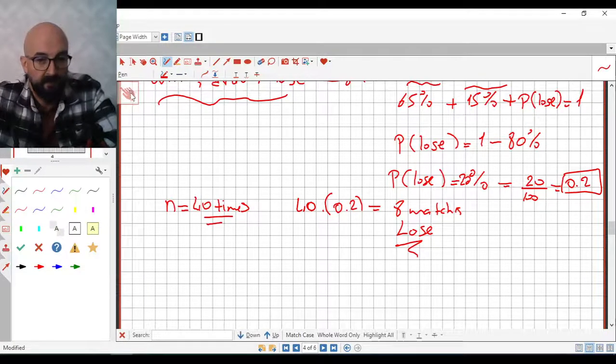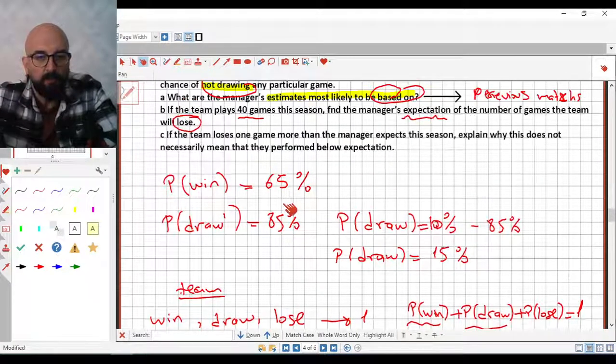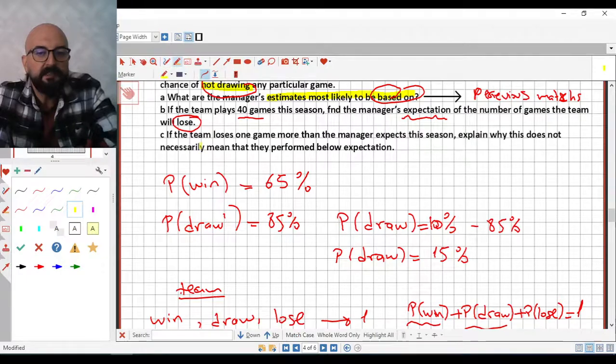And the last one: if the team loses one game more than the manager expects this season, explain why this doesn't necessarily mean they performed below expectation.